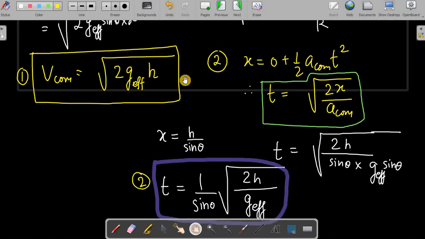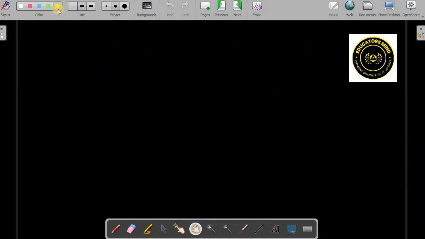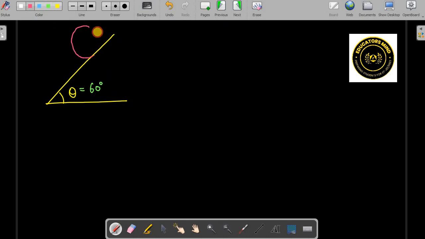Let's take one simple example of what type of questions can be asked. Suppose there is an inclined plane and this is the angle of inclination theta, let us say it is 60 degrees, and there is a round object which is released from here, and initial velocity is 0, so the center of mass is going.